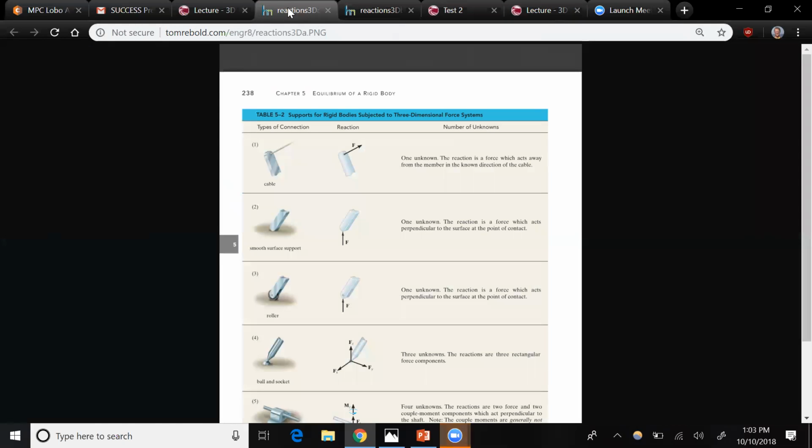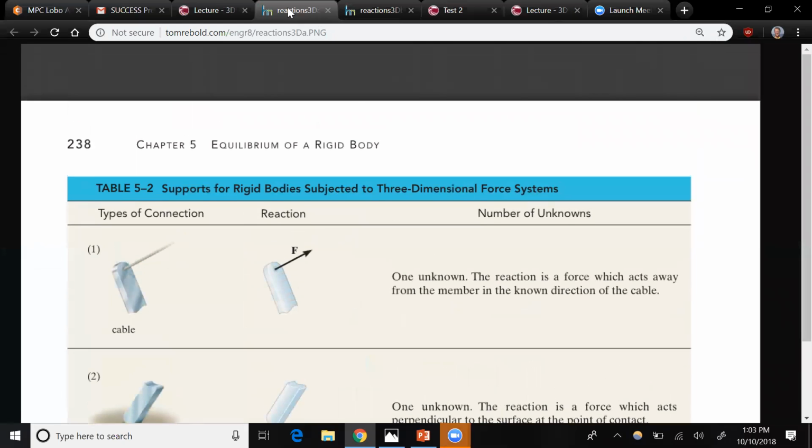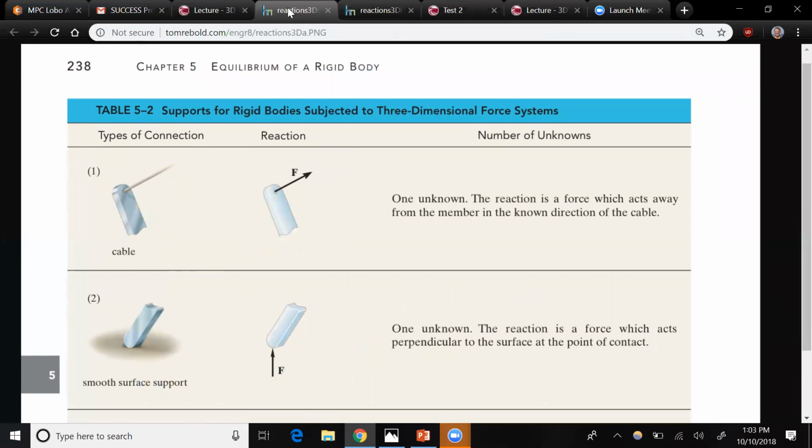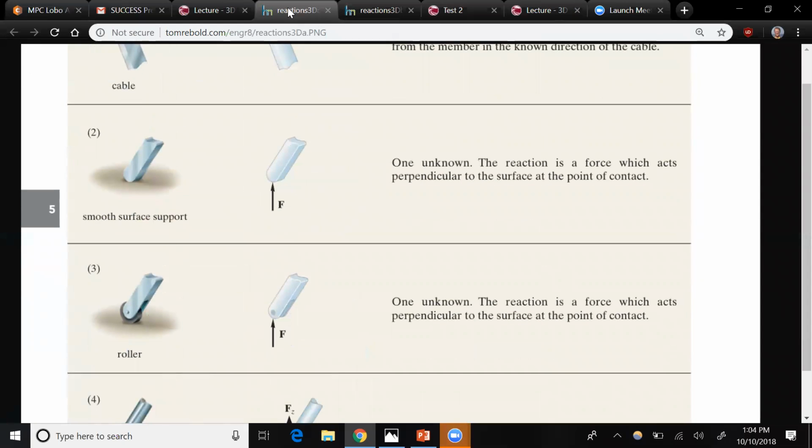When you look in 3 dimensions at how you support a structure, you can have relatively simple reactions. A cable is pretty straightforward. You find the direction of the cable, you know the direction of the force, so that's only one unknown. A smooth surface is only going to have a normal force perpendicular to the surface, right?